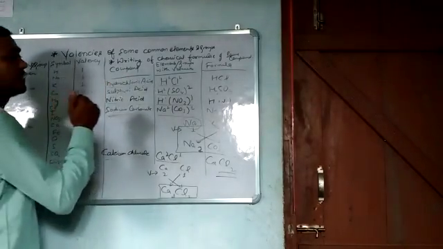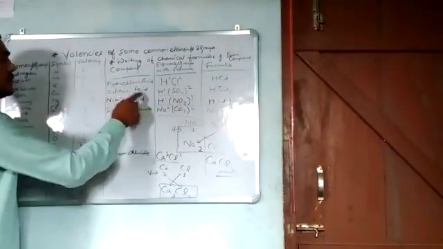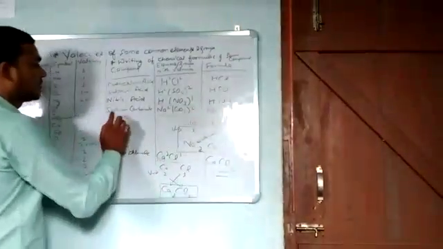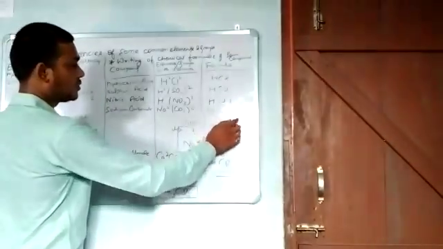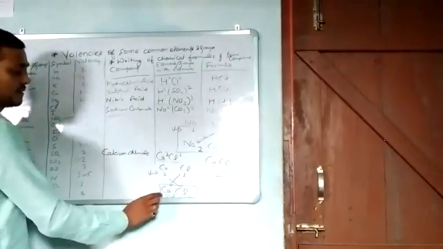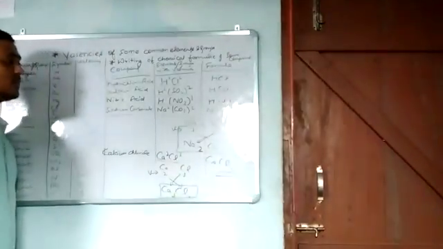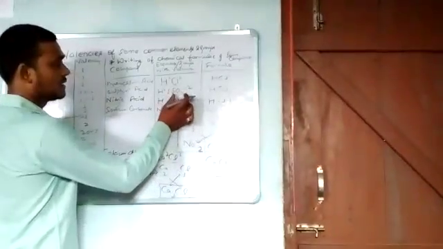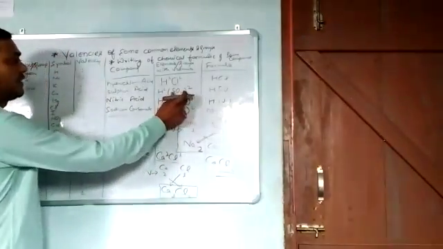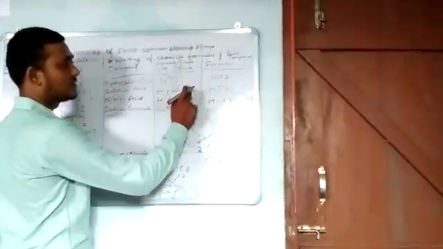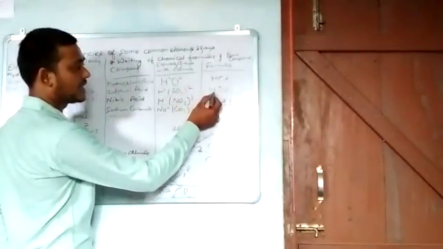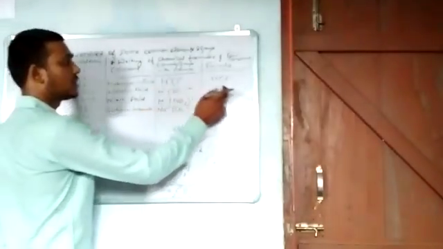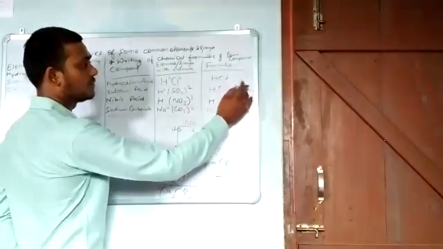We have hydrochloric acid HCl, sulfuric acid H2SO4, nitric acid HNO3, sodium carbonate Na2CO3, calcium chloride CaCl2. So in this way we just interchange. Okay, so see here, sulfate has valency 2, we add the valency 2 in front of hydrogen, and the valency of hydrogen is 1, we add it in front of sulfate. Here 1 we do not consider.